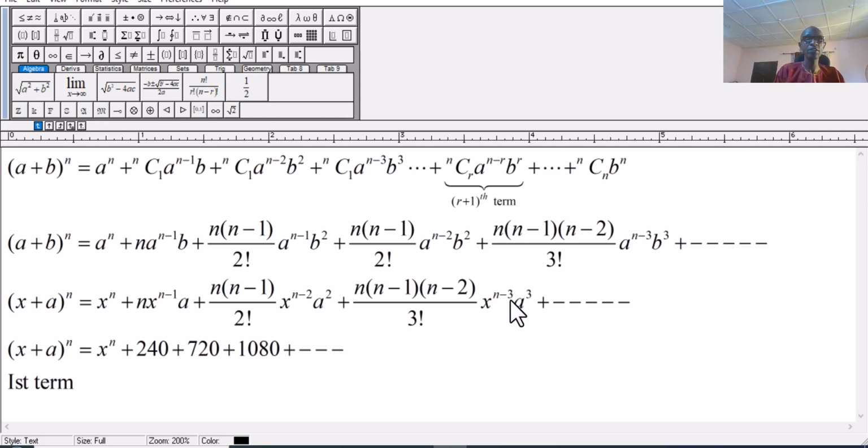So what it implies is that we are now comparing the two, comparing this expansion with this. So I can say that the second term, which is this, is equal to 240.